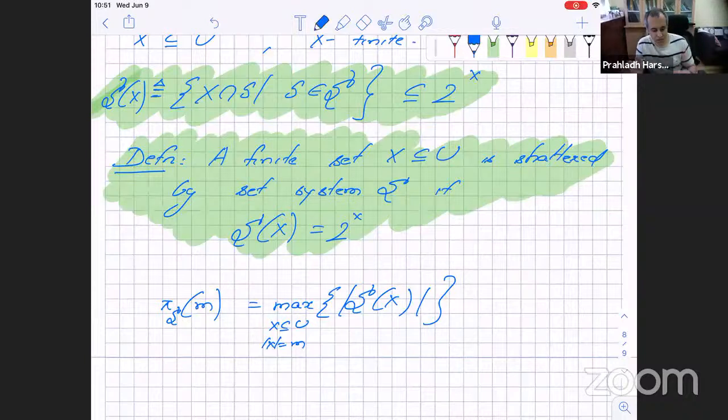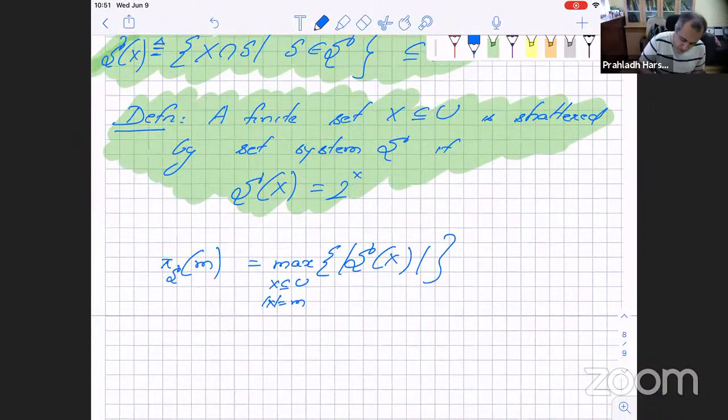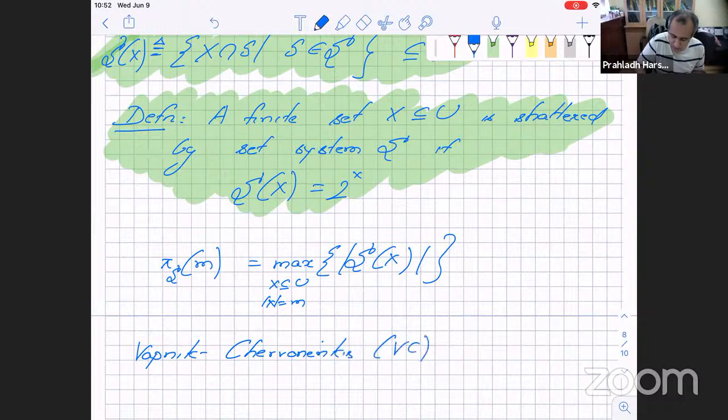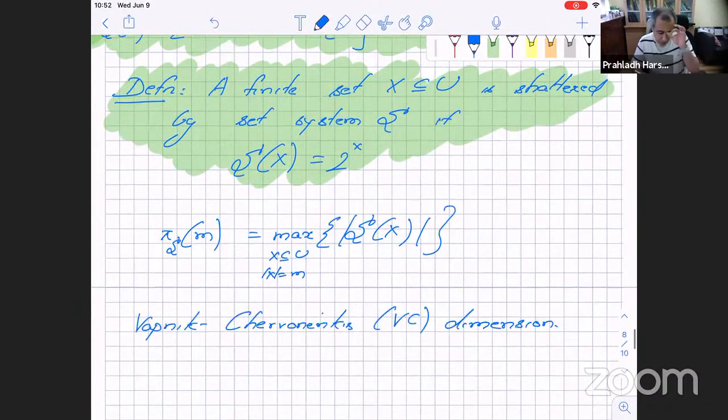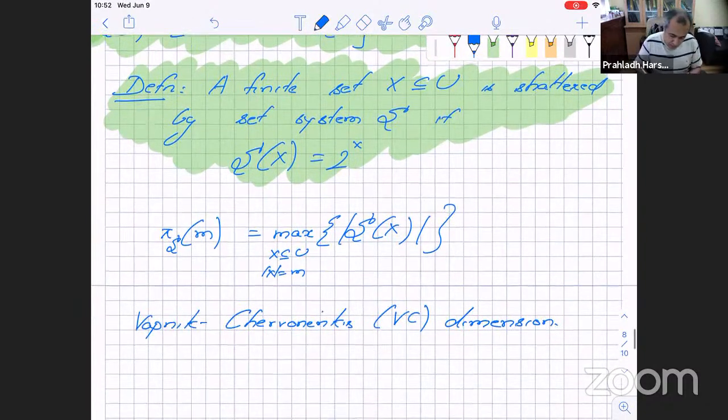And the VC dimension, named after Vapnik and Chervonenkis.